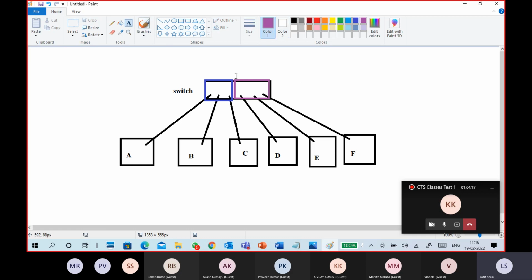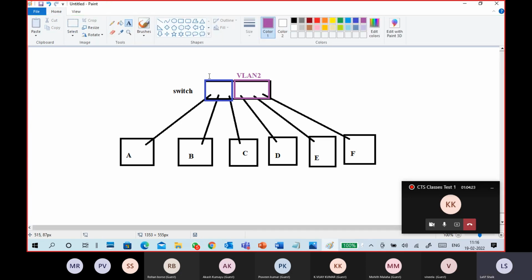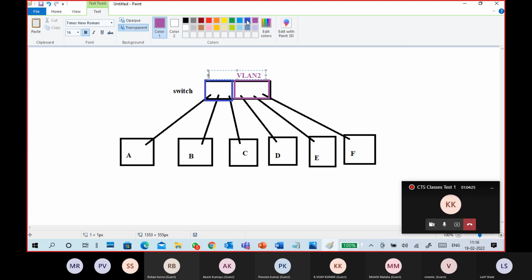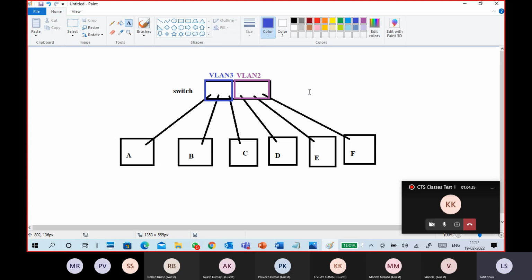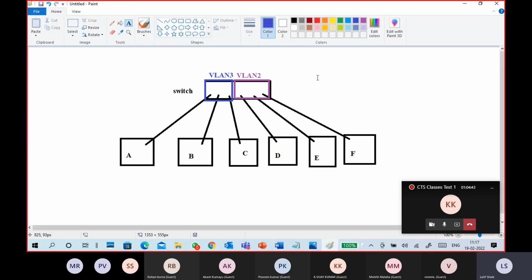This is VLAN 2, for example, and this is VLAN 3. We don't use VLAN 1, otherwise we'll get a problem, because all ports are in VLAN 1 by default.